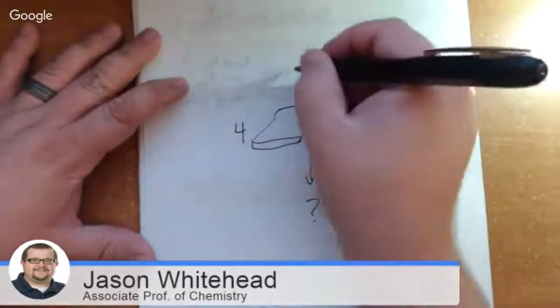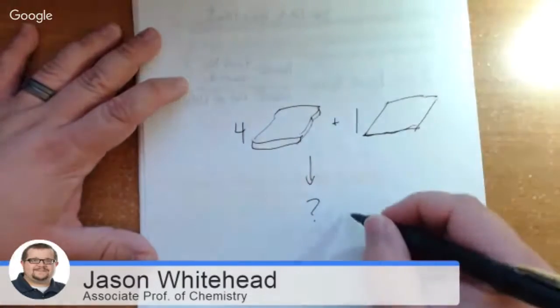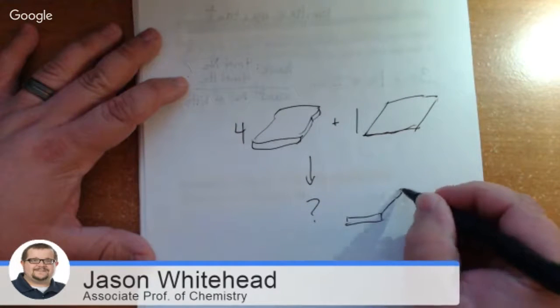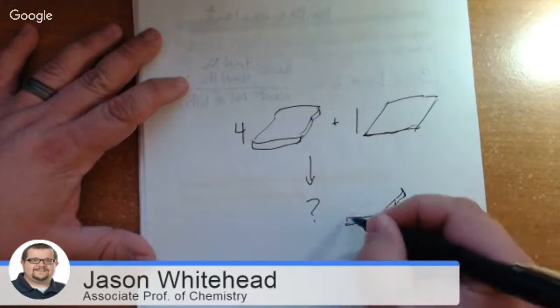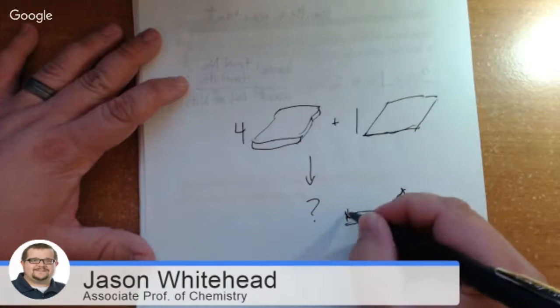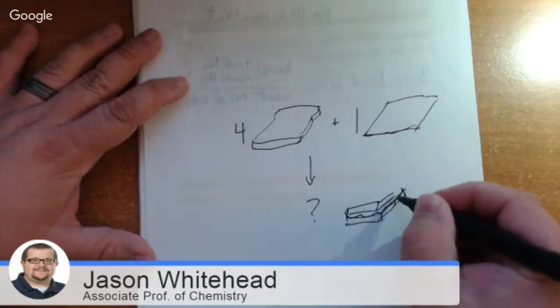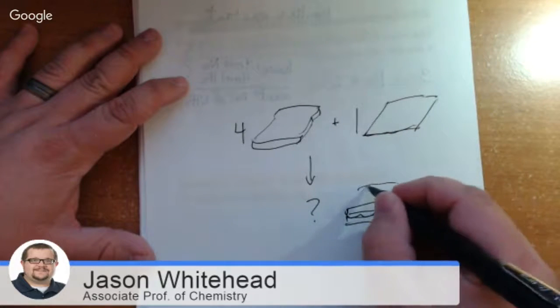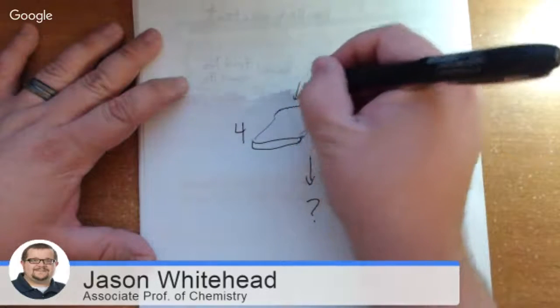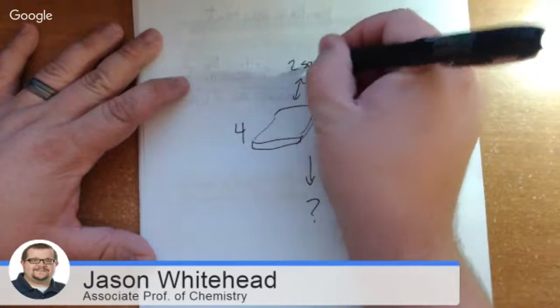And that's because to make a grilled cheese sandwich, I'm going to need a piece of bread on the bottom. I'm going to need some cheese on the inside, just 1 slice, and then I'm going to need a piece of bread on the top. So really, I've got enough bread to make 2 sandwiches.